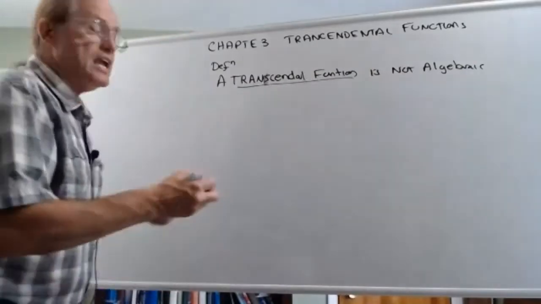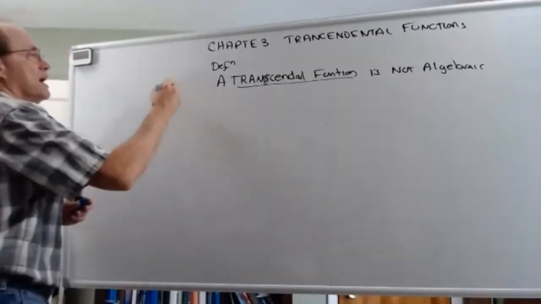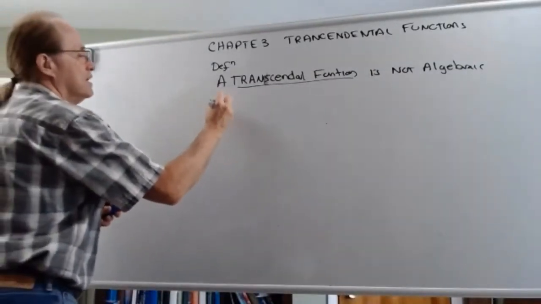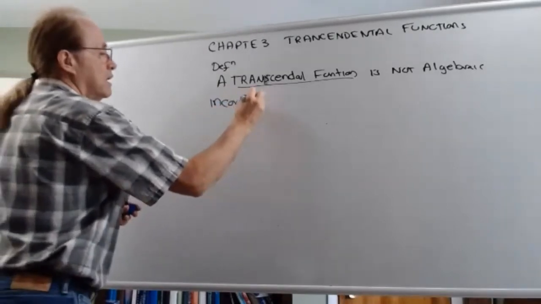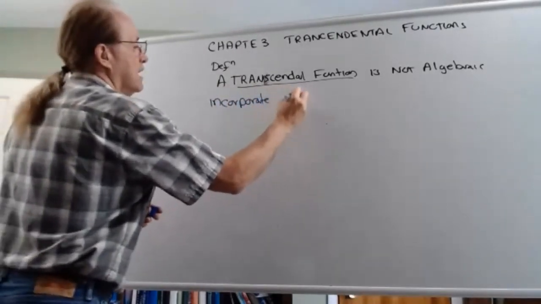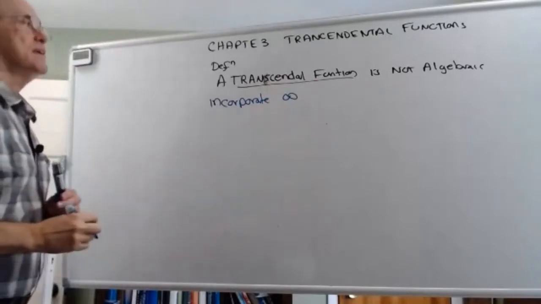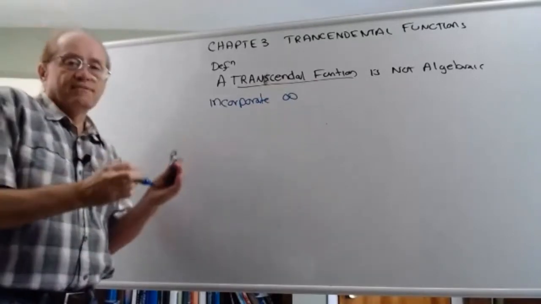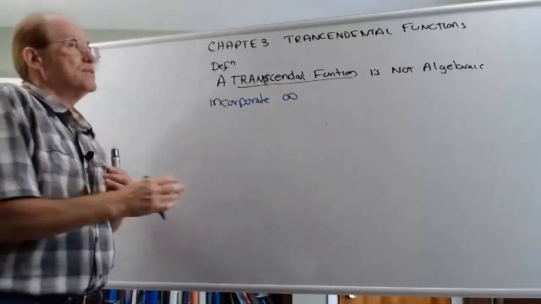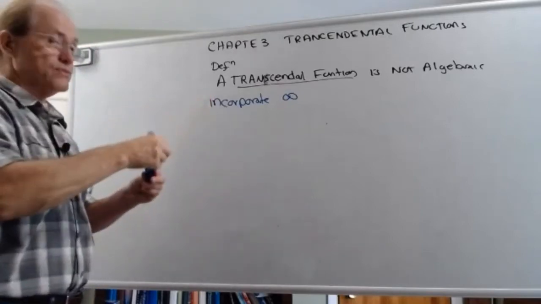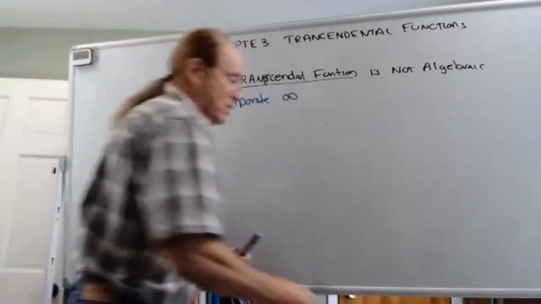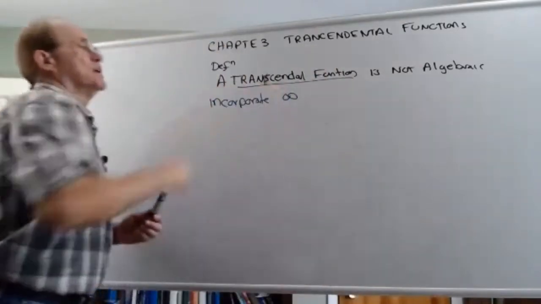For us to obtain transcendental functions, we have to incorporate infinity. And that's a really strange concept. Incorporating this concept of the infinite, we can create these new types of functions that will allow us to model some of the other things in nature and the world. And that's what we're going to be doing.